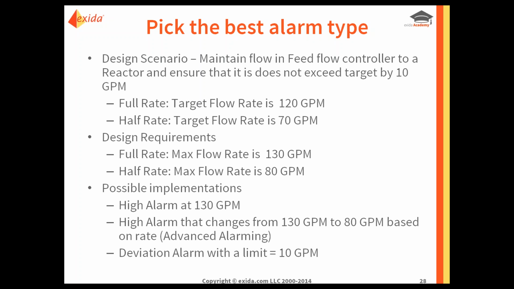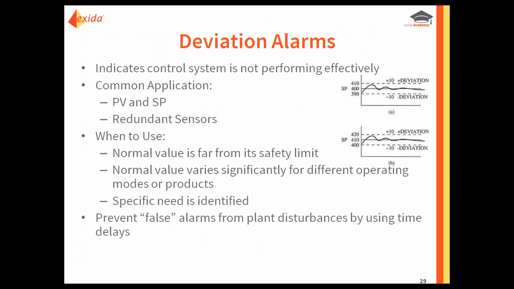So put some thought into selecting the best alarm type. As I mentioned, the technical report does go into a lot of detail about things to consider for different types of alarms. For example, with deviation alarms, making sure that you're using them at the right time, that you're considering the fact that they can be nuisance alarm generators, particularly under transient conditions, changes in the plant operating conditions.